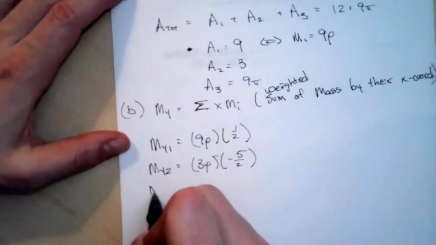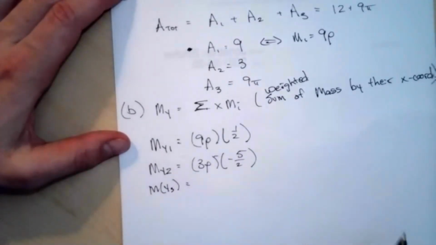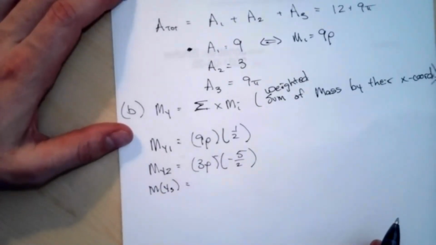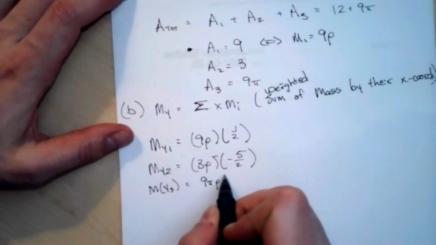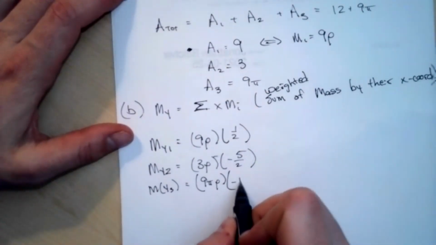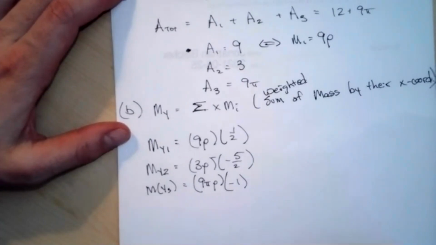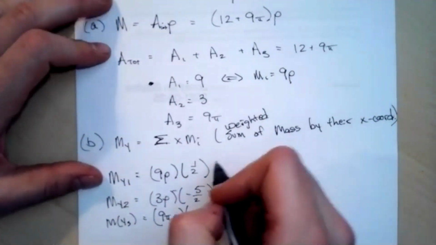And then the moment of mass 3, its mass weighted by its x coordinate. And then what you want to do is just add.